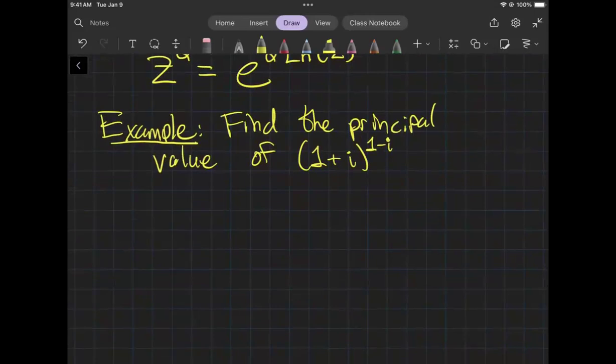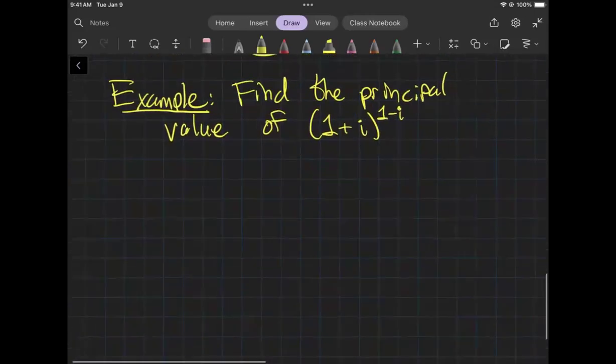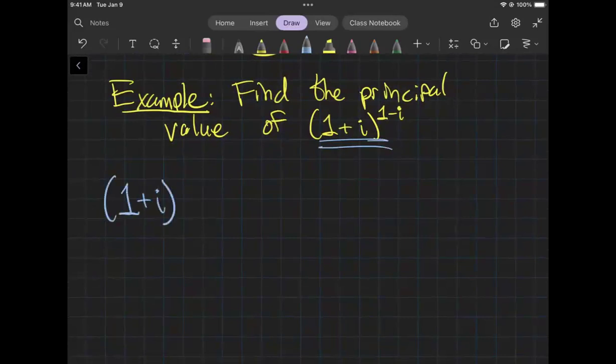Okay, I assume you worked on this example. Let's figure out the principal value of this number. 1 plus i raised to the 1 minus i equals e raised to 1 minus i times the principal logarithm of 1 plus i. Our job is to compute the exponent.